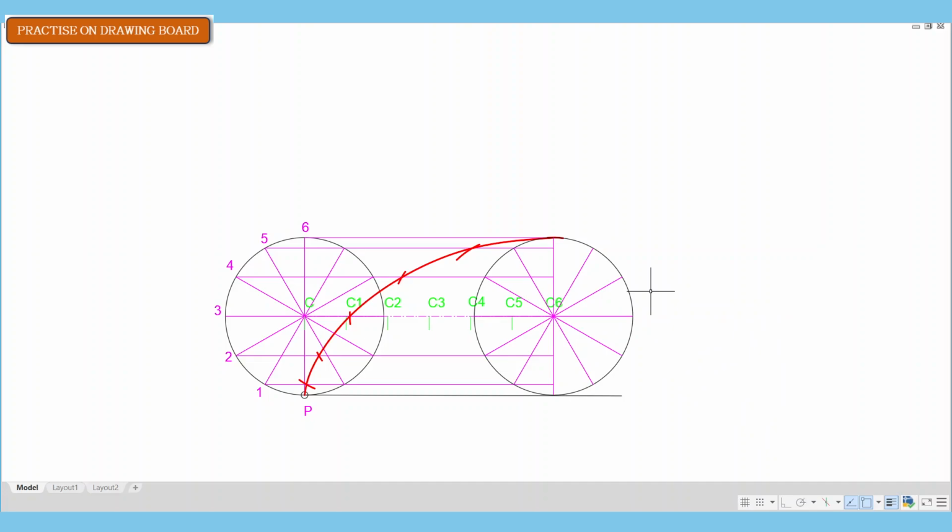Now, after the first half of the revolution, the point P will now become located at the very top, or at the apex of the circle.